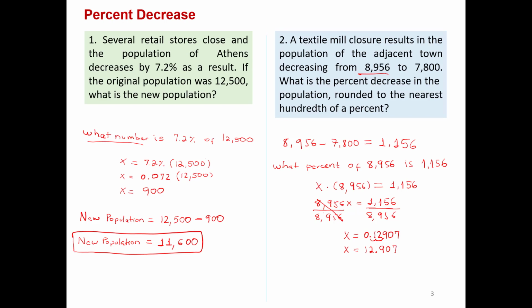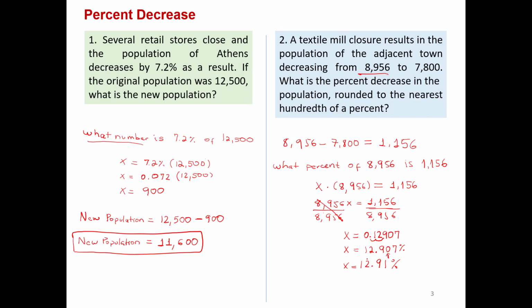Now we need to round to the nearest hundredth of a percent. The hundredth is this place, so x equals 12 point. We need to add 1 because the testing digit is greater than 5. Then it will be 12.91%. And here I also need to write the percent.